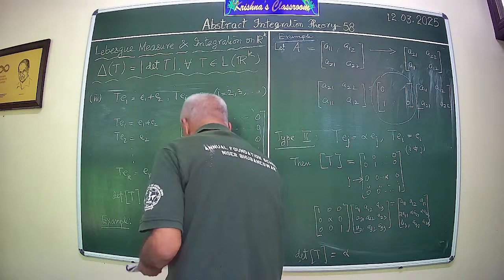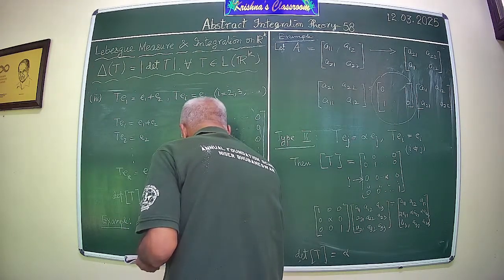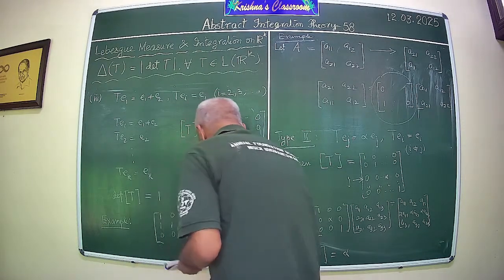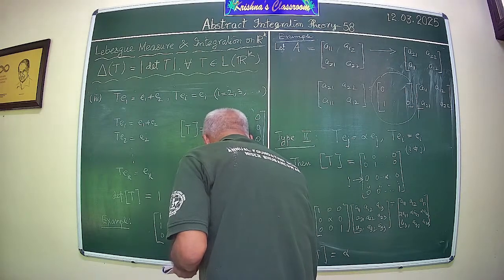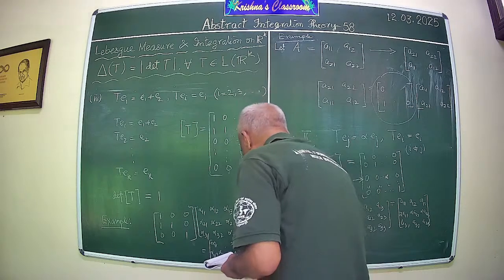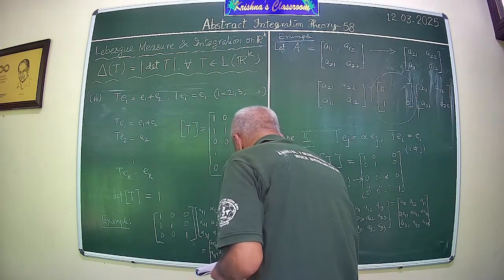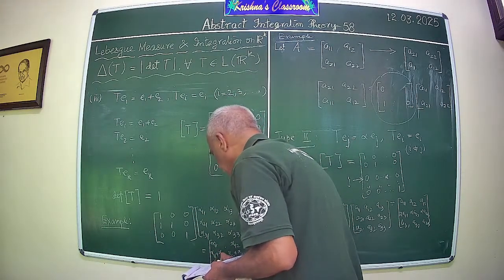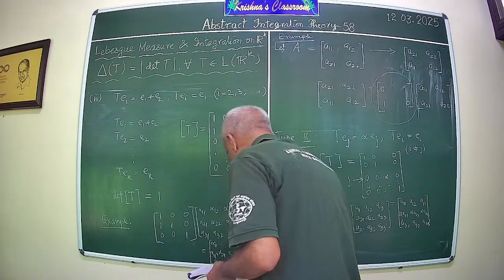The second one is going to be alpha 1, 1 plus alpha 2, 1, alpha 1, 2 plus alpha 2, 2, then alpha 1, 3 plus alpha 2, 3. The third one remains the same: alpha 3, 1, alpha 3, 2, alpha 3, 3.